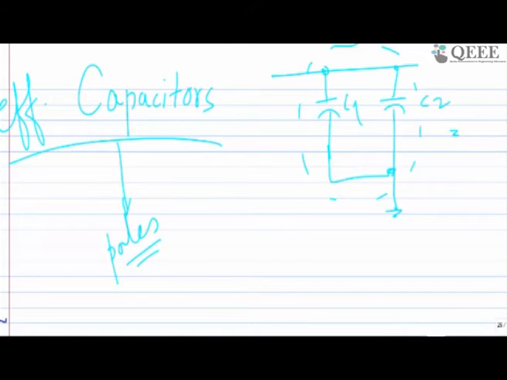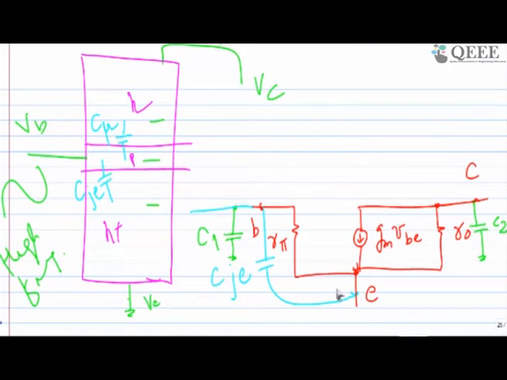So this is one effective capacitance, let's call it Cx, and this is one more capacitance, let's call it Cy. By looking at this model, you should now be able to tell that there are two effective capacitances, which means there will be two effective poles.